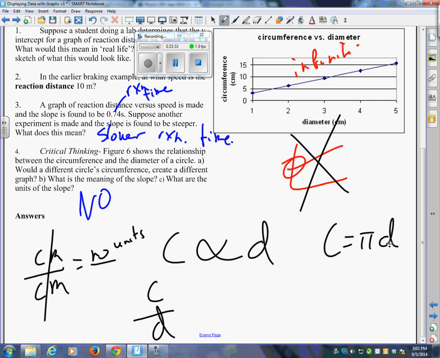If I divide both sides by d here, c over d equals, and this is like a Penny Sheldon moment here, c over d equals, what, my friends, is the value of the slope of this line? 3.14. That is the meaning of that slope. It's the value pi. It's the constant that makes it work.